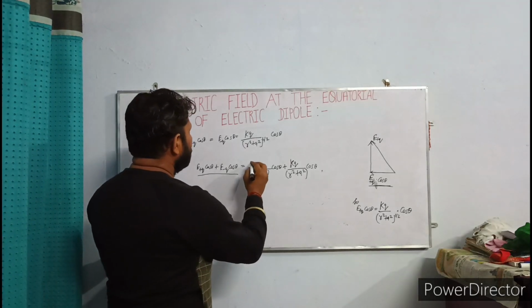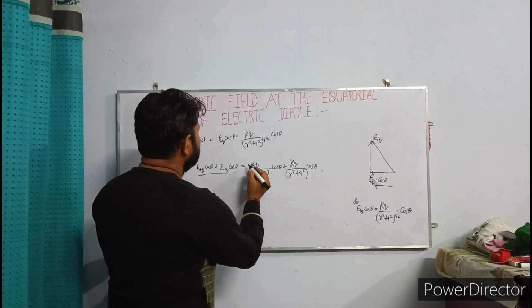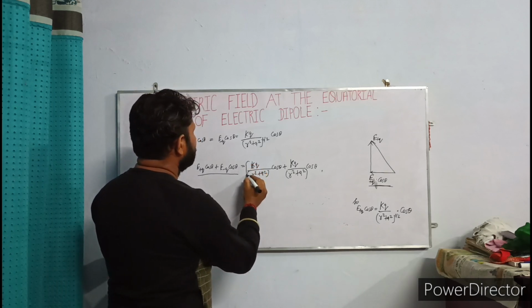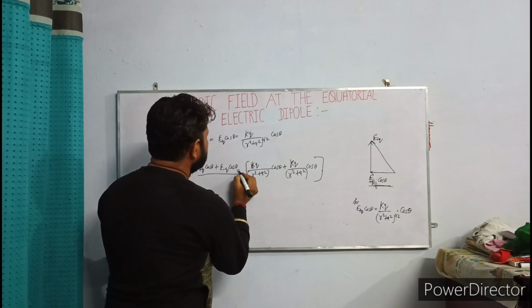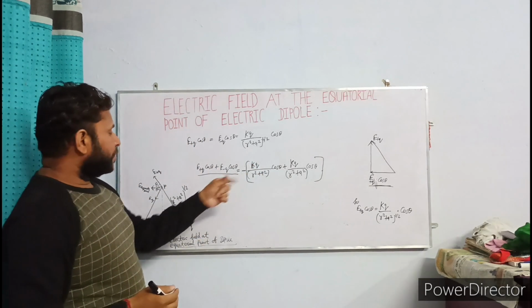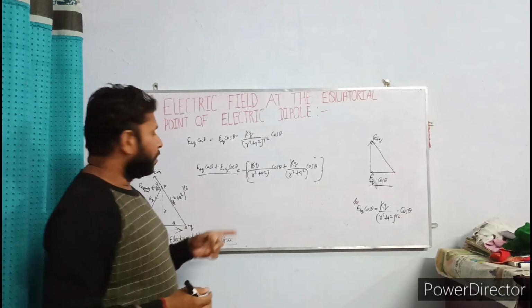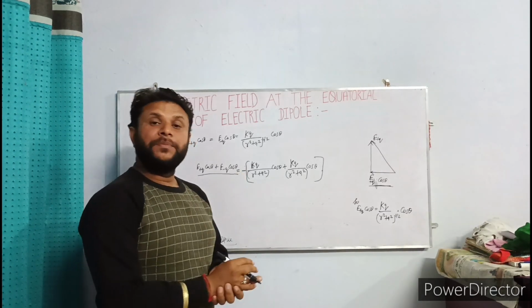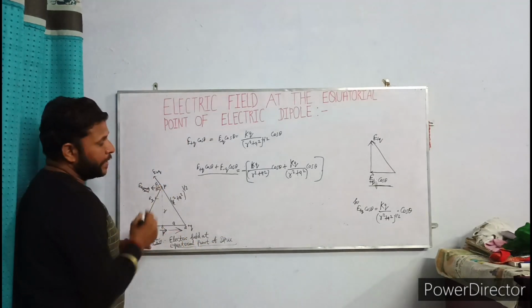So if we take the direction, we put a minus, because minus indicates the direction opposite to the dipole moment.